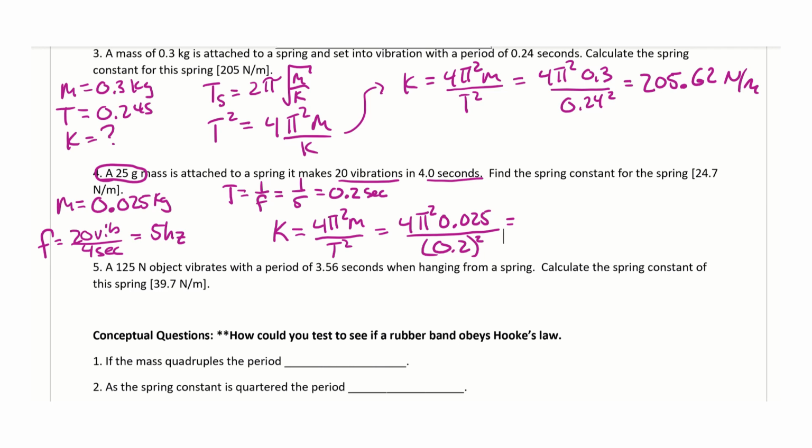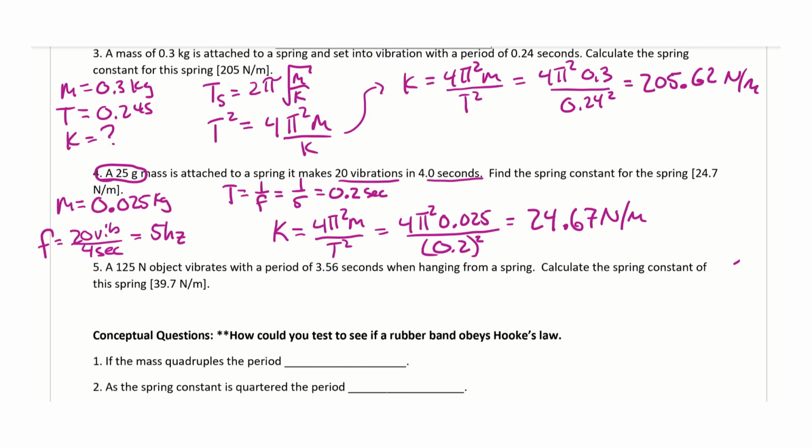And we'll plug that into our calculator, and when we do that, we get 24.67, which I rounded to 24.7, and that's in newtons per meter.